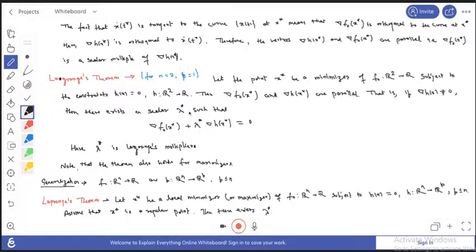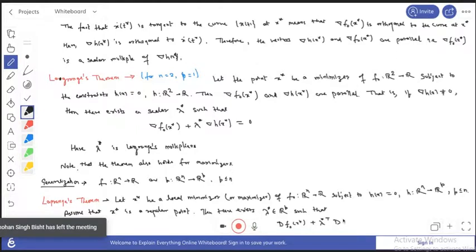Before it was a scalar lambda for one equality constraint, but if there are p equality constraints, this lambda star belongs to Rp, with lambda 1, lambda 2 to lambda p, such that the derivative of the objective function at this optimal point plus lambda star transpose multiplied by the derivative of h(x) equals 0 transpose. This is the generalized version of this theorem.